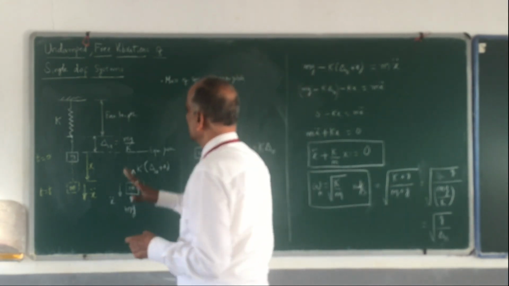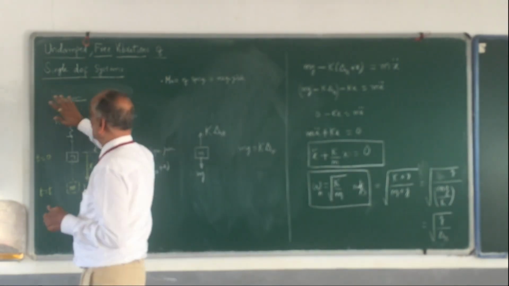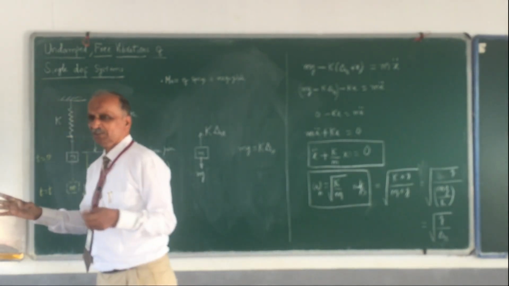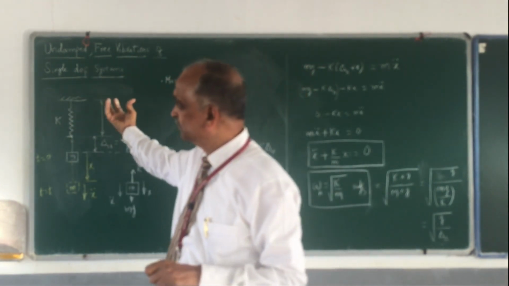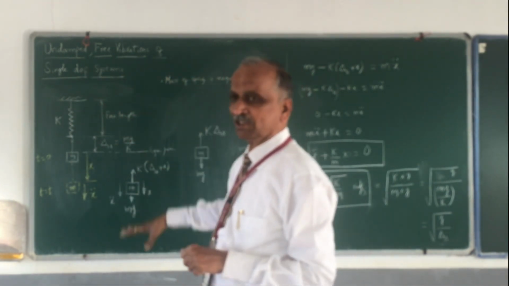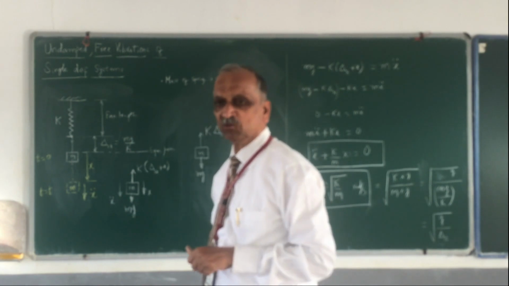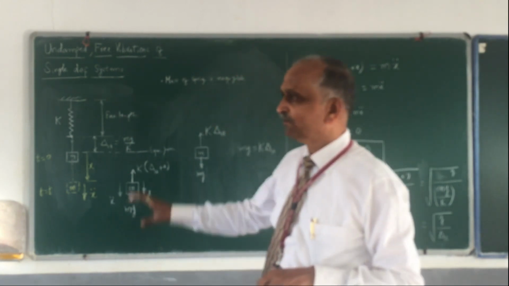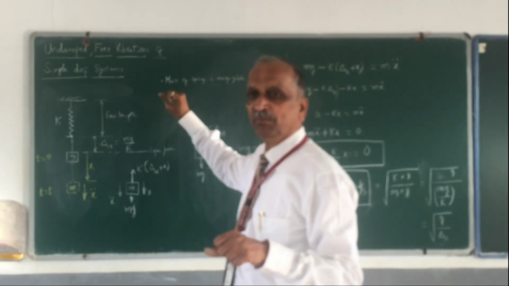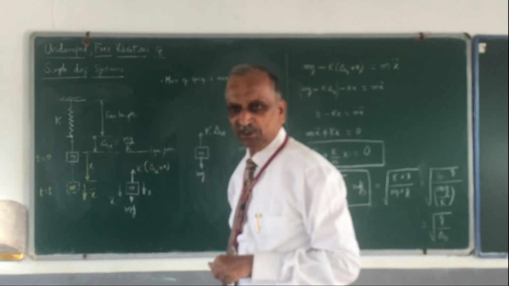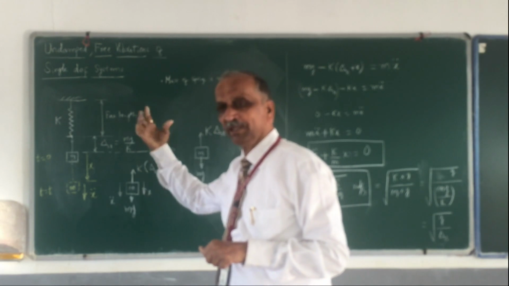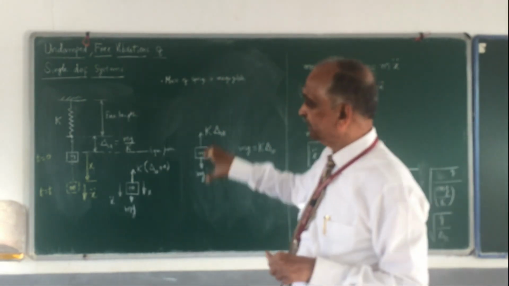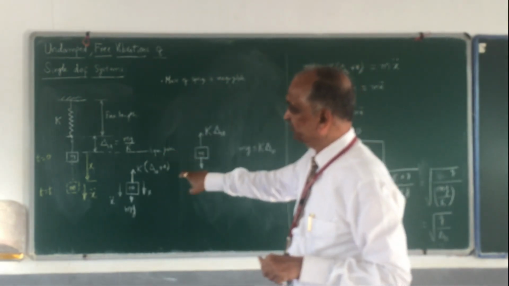So, application of Newton's second law: what we do from now onwards is, you go through the system, identify the static equilibrium position, and write down any equation based on applying the equilibrium condition. Then you set the system into free vibrations, then you arrest the mass at some position.